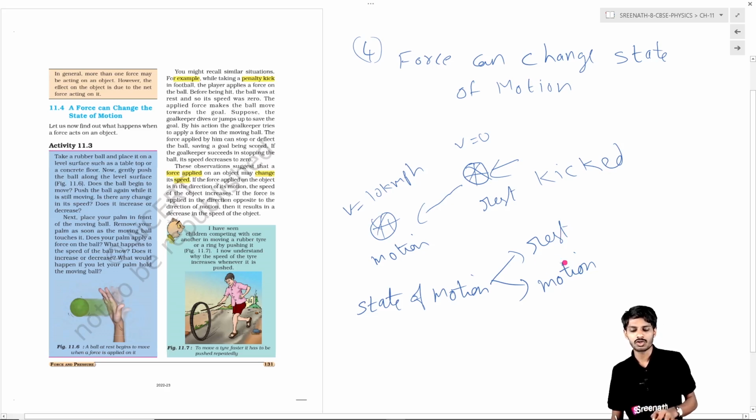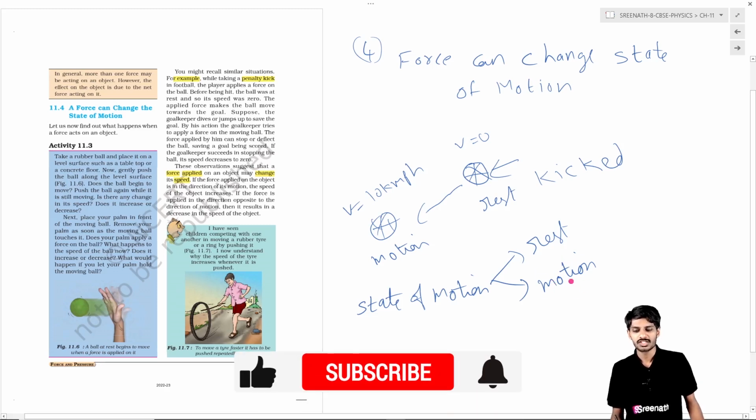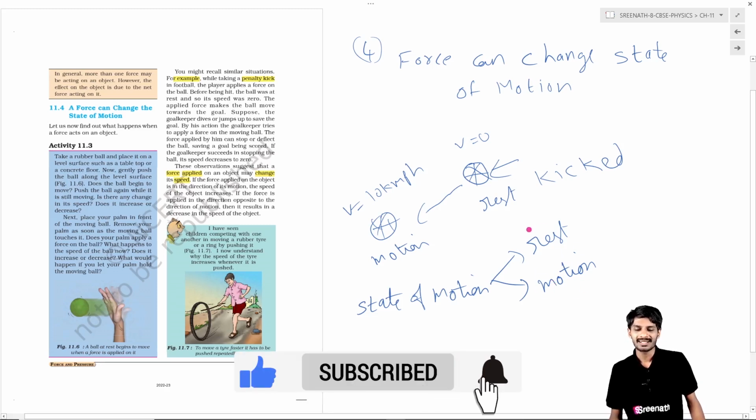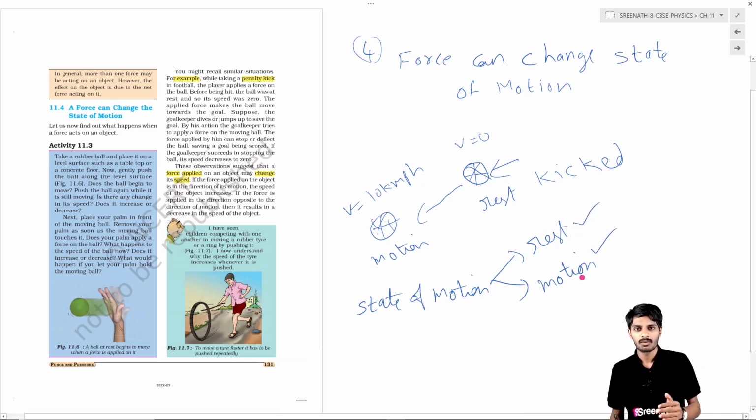Motion position is if you are moving with some velocity or some acceleration, then you are in the state of motion. Before kicking, the ball is in the rest position, but after kicking, the ball is in the state of motion. It is in the state of moving.